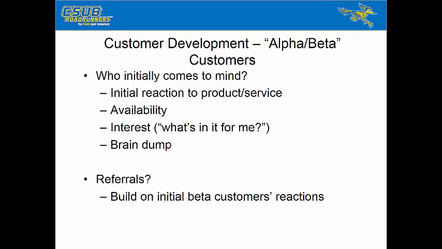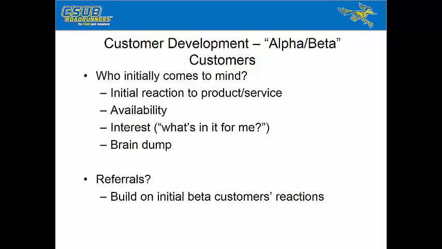So get an idea when you talk to people, not just of their initial answers, but can I go back to you and ask you more questions later? Can we talk to you once a week or once a month? Figure out how available people are to give you further feedback, because it's going to be really valuable going forward. The more input you can get from outsiders, the better.